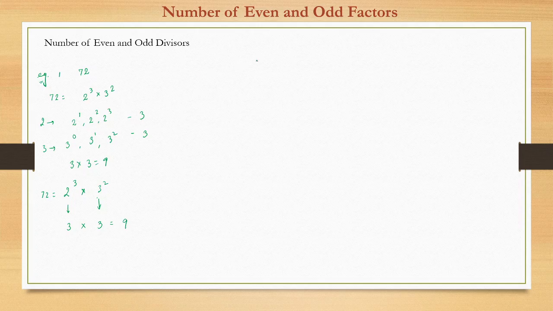Similarly, if we see another example, 360. 360 we can write as 2 raised to power 3, 3 raised to power 2 into 5. Now, here we got the number of even factors. So what would be the number of odd factors?